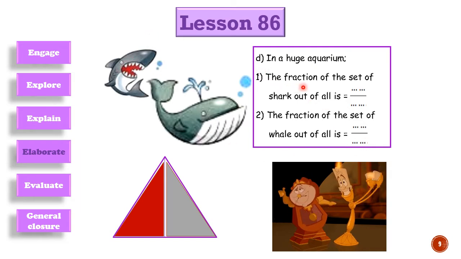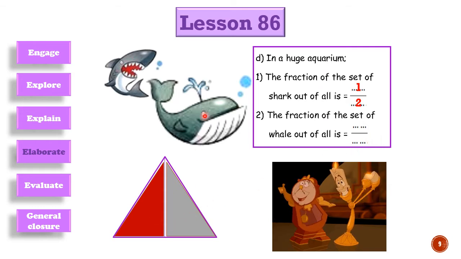In the first, fraction of the set of the shark out of all, shark colored in, yes, red, out of all, which is 2 parts. It will be 2 in denominator. And how many colored part in red? It will be 1. It will be half. The fraction represents the shark will be half.